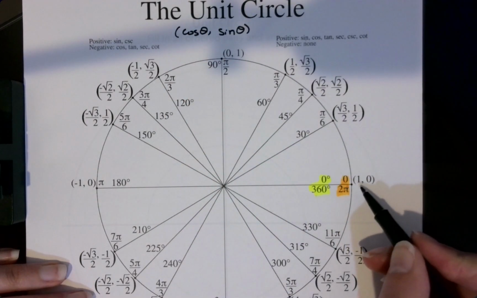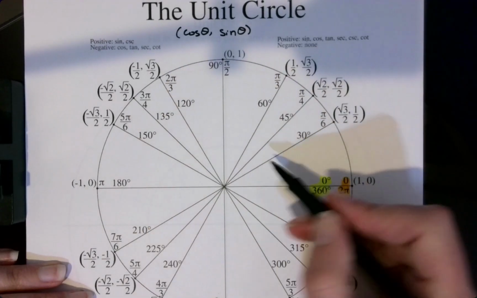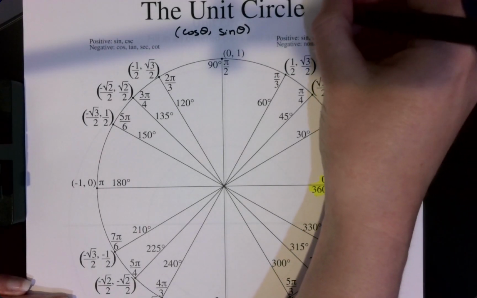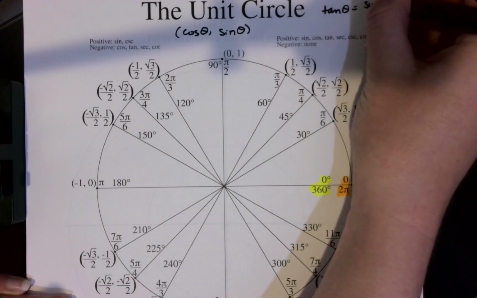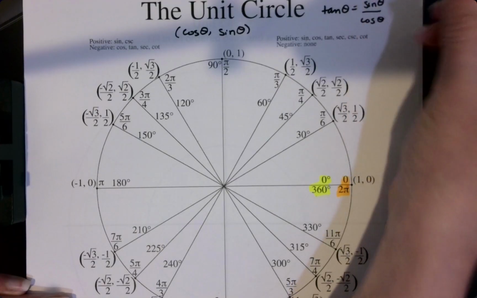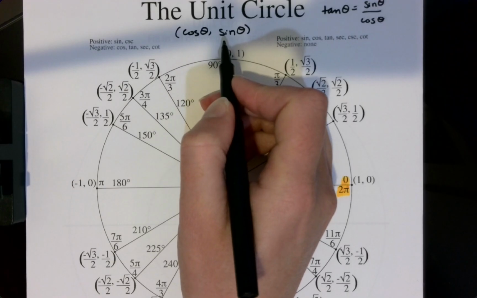So if I know the coordinates for one of my points, I do know the cosine and sine value at the angle. If I know the cosine value and sine value, don't forget, I can get the tangent value because we're going to recall that the tangent of an angle is equal to the sine of the angle divided by the cosine of the angle. So just by knowing these two, sine and cosine, I can get to all six.